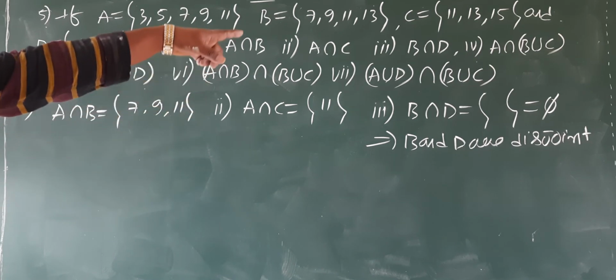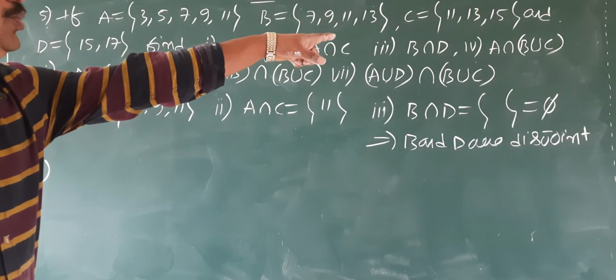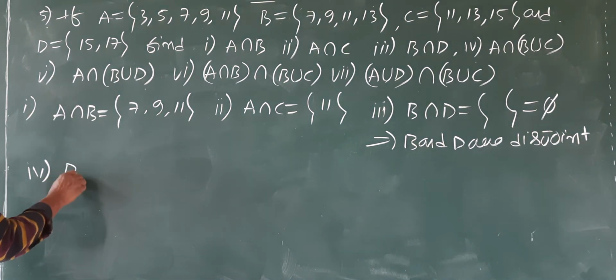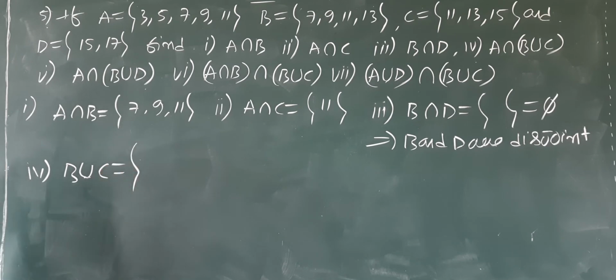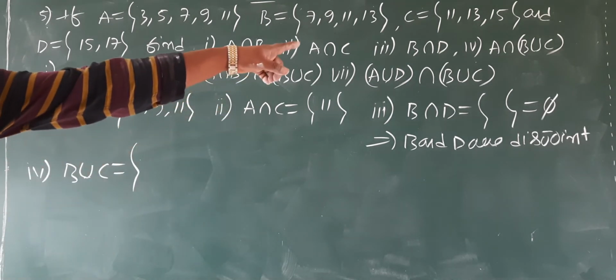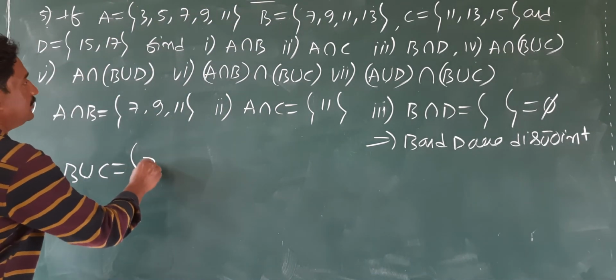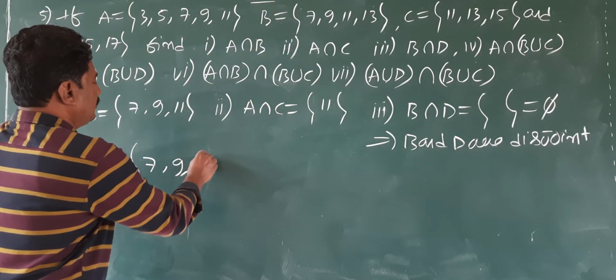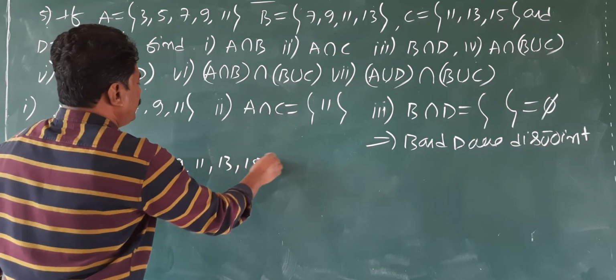Now let's go for the next one, the fourth one. A intersection B union C. First let us find B union C. So 7, 9, 11, next 13, 15.